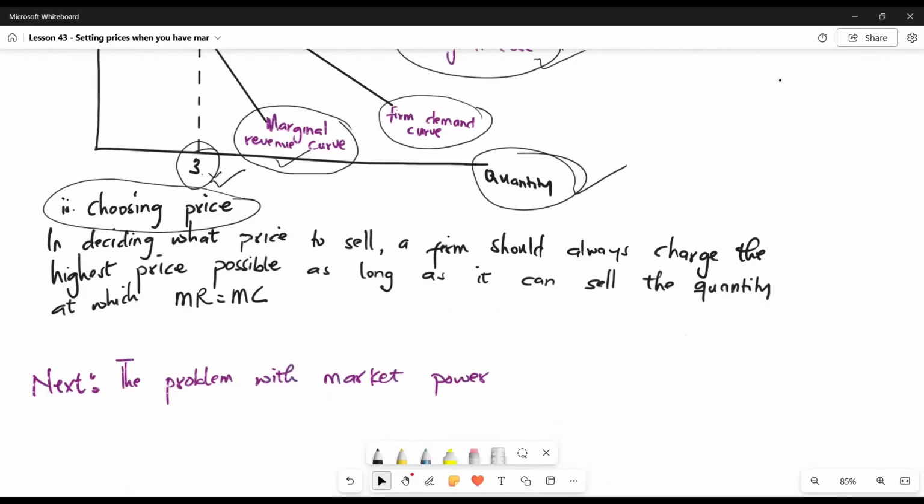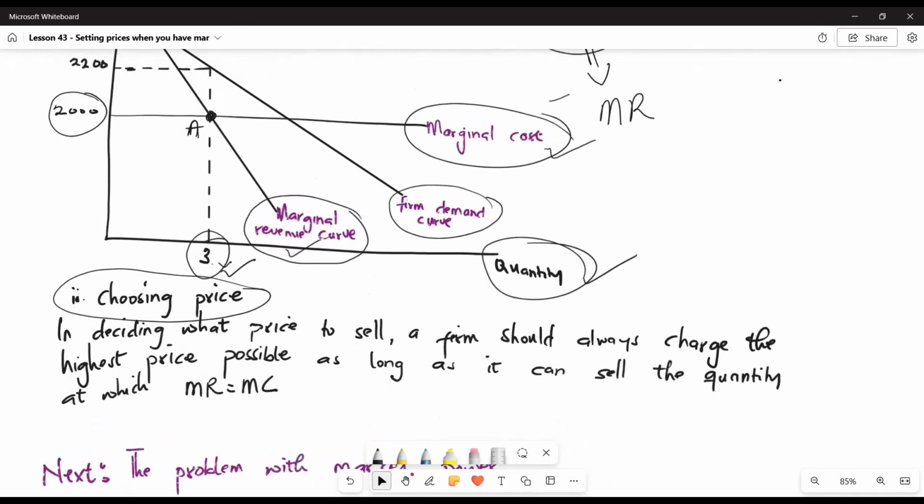In this example, in choosing the price that the firm should charge, the first thing that they have to look at is the quantity. So we've now decided that at point A, in which the marginal revenue is equal to the marginal cost, the firm should produce 3 units of the good.